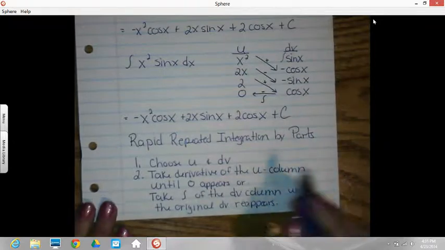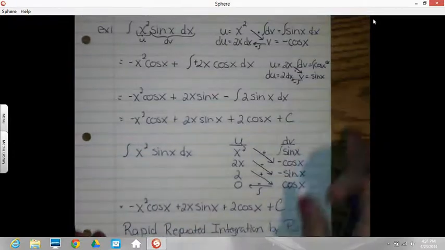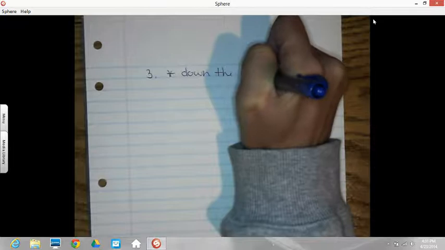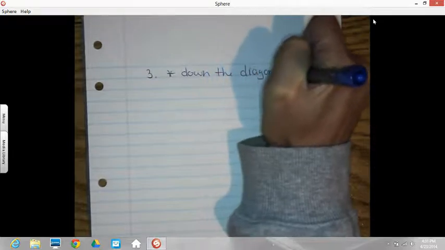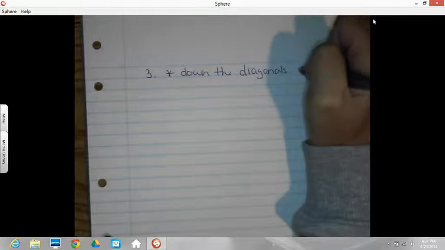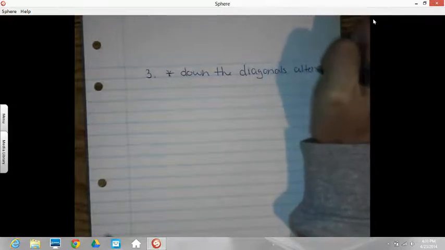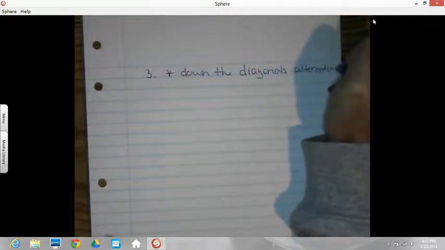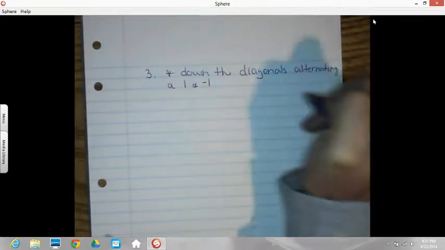And then, third step. The pattern is to multiply down the diagonals, alternating a 1 and -1 multiplier.